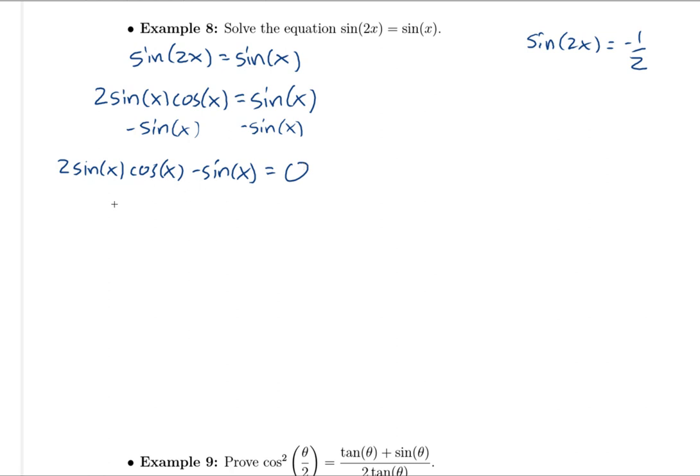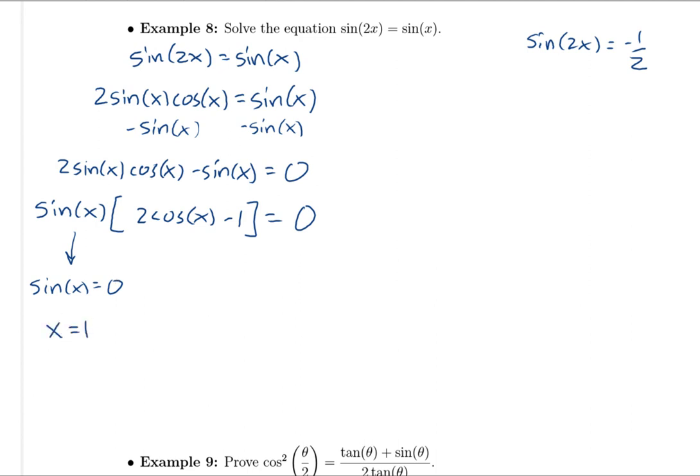We can factor a sine out of both terms, and we're left with 2 cosine x minus 1 is equal to 0. So on the one hand, we get the sine of x equals 0, and we know that that's going to happen anytime x is equal to k pi, right? Because on our unit circle, sine equals 0 here, and it equals 0 here, so every multiple of pi.